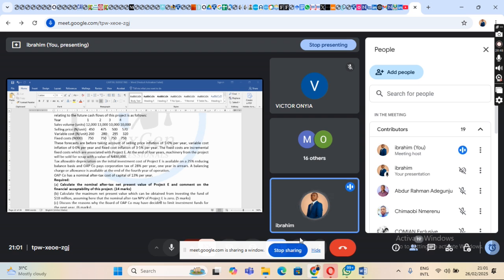But in a situation like this, it will increase by 5% per year. We're supposed to raise all those figures to power, because it's supposed to be cumulative. Class, are we together?